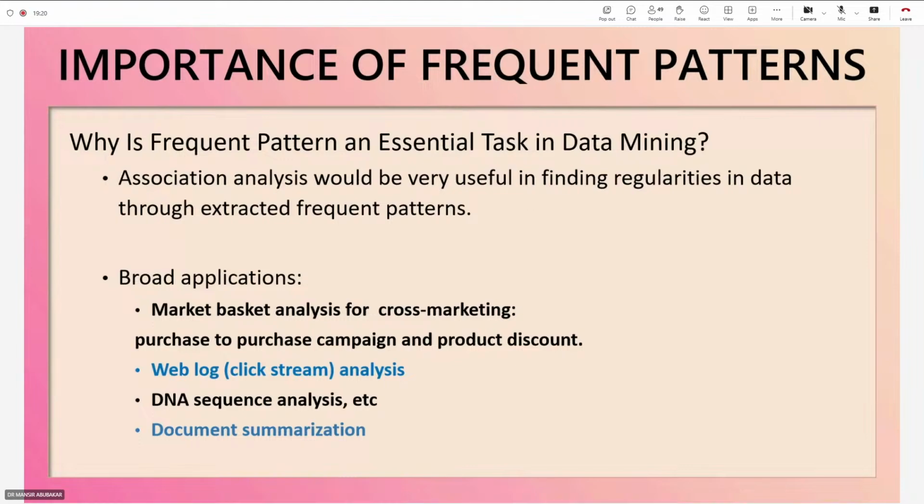So the broad application areas of frequent pattern or association in general include market basket analysis. As I said, we are going to use it as our running example for cross-marketing. So purchase campaigns and product discounts, for example, can reach out to the customers. And also web log analysis.